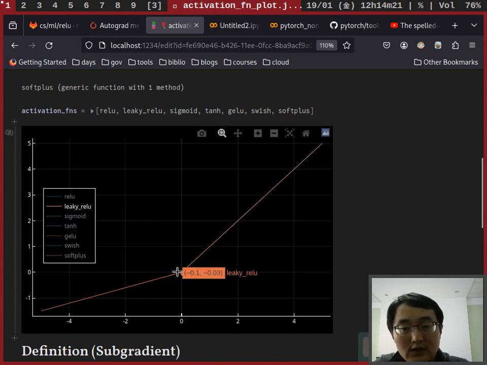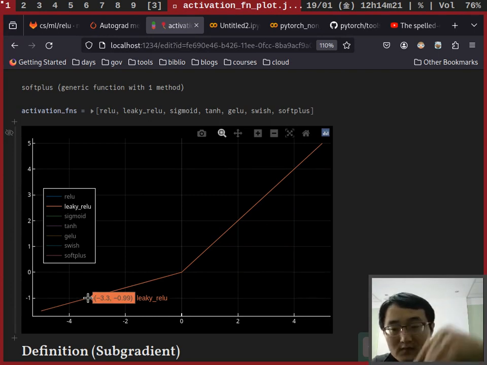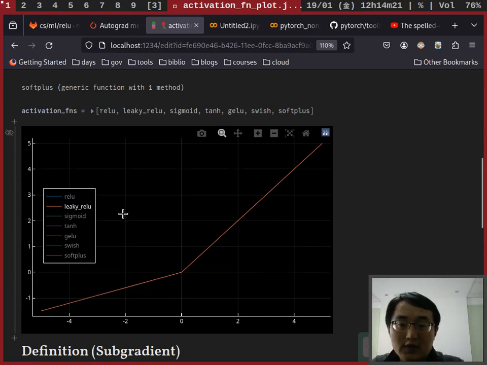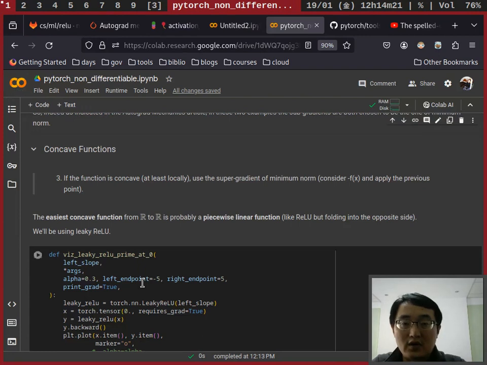And in PyTorch, we can control the left slope, that is the slope of the left line. As the slope gets bigger and bigger, when it gets bigger than 1, the graph will become concave, and we will see what subgradient PyTorch gives when it is concave.